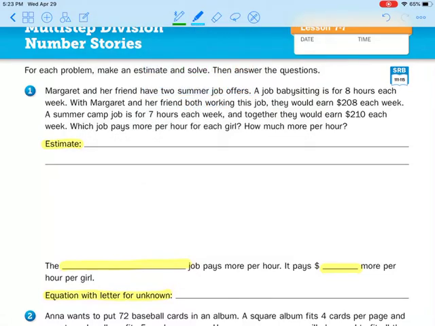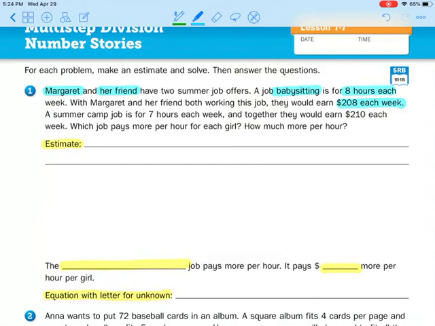So Margaret and her friend, I'm going to underline Margaret and her friend to show us there's 2 people, have 2 summer job offers. A job babysitting is 8 hours each week. With Margaret and her friend both working this job, they would earn $208 a week.